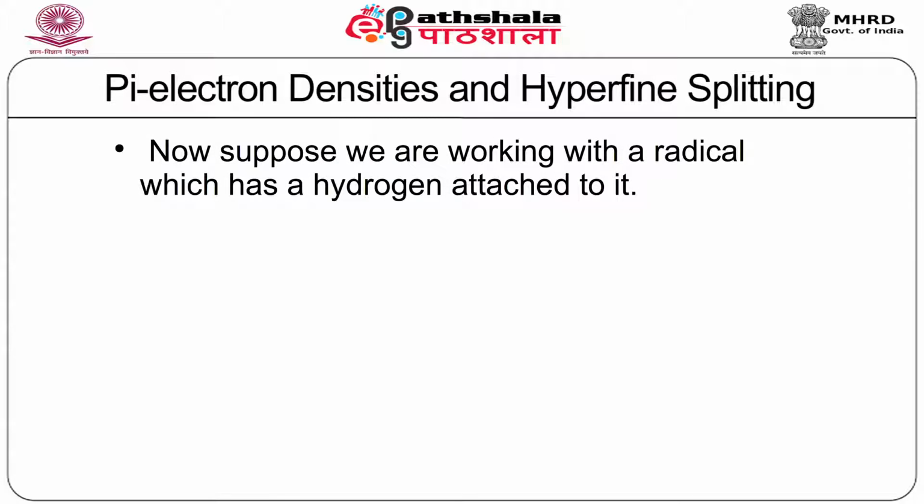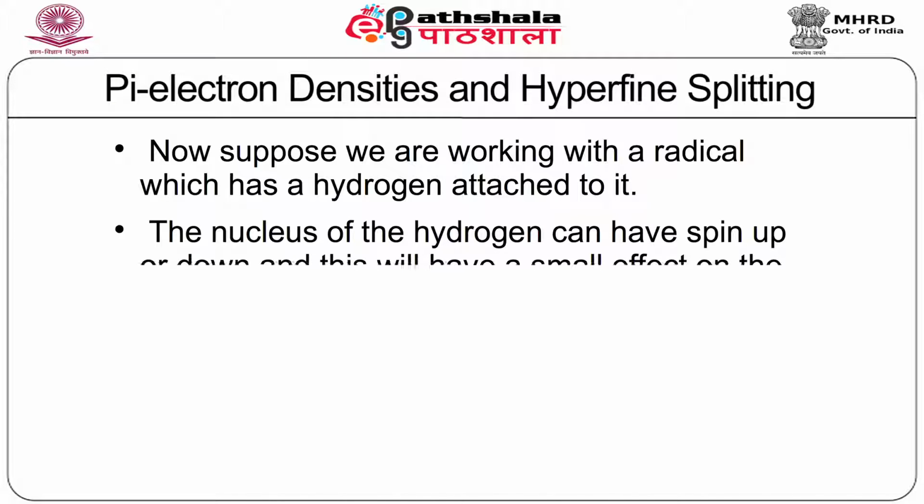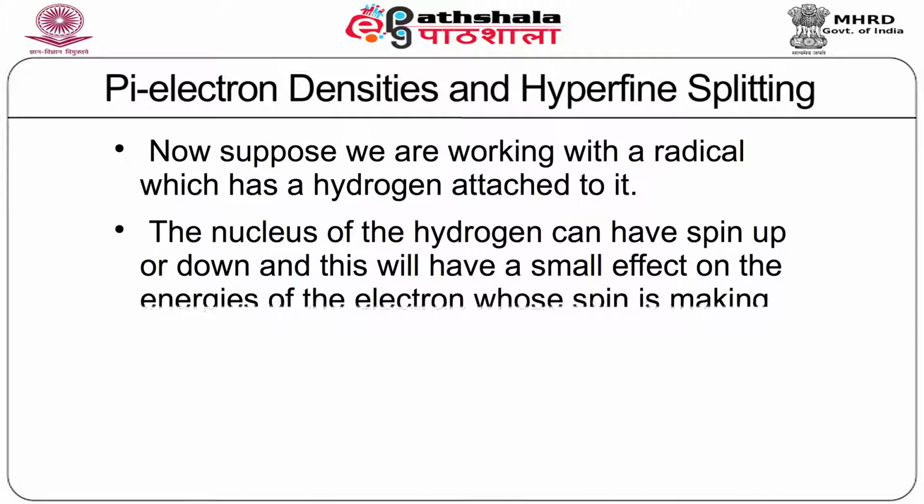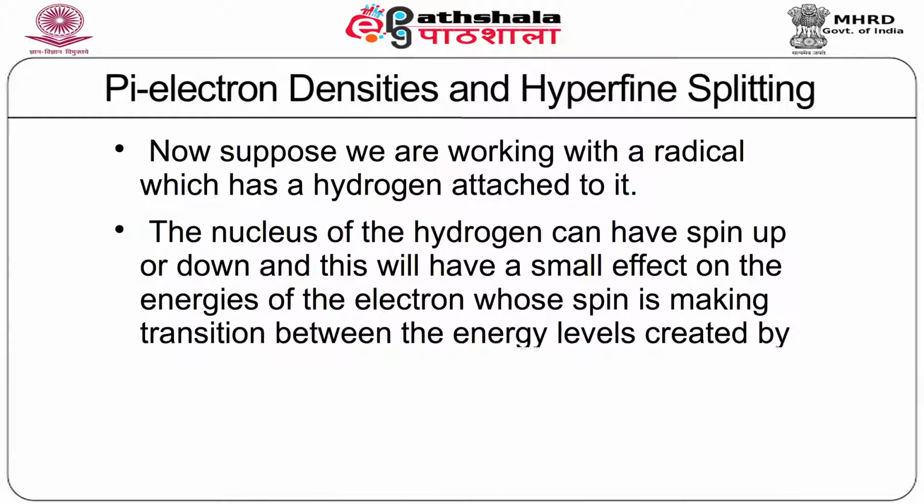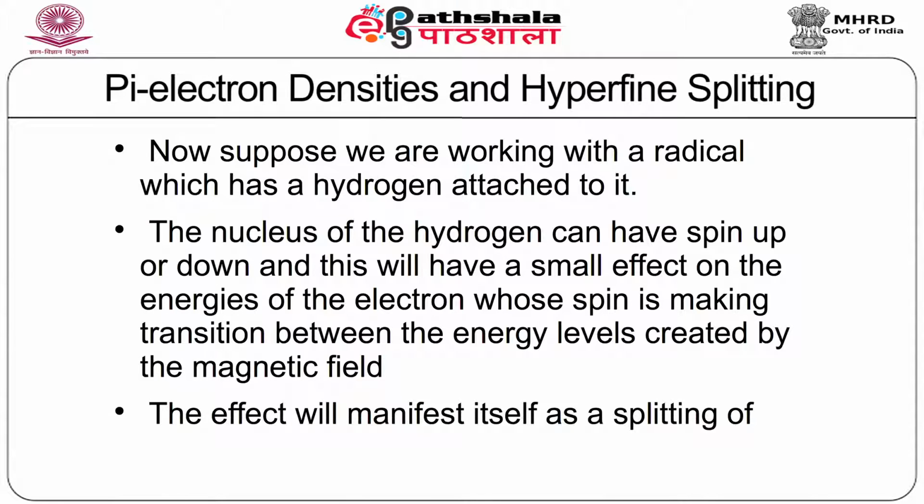Now suppose we are working with a radical which has a hydrogen attached to it. The nucleus of the hydrogen can have spin up or down, and this will have a small effect on the energies of the electron whose spin is making transition between the energy levels created by the magnetic field.